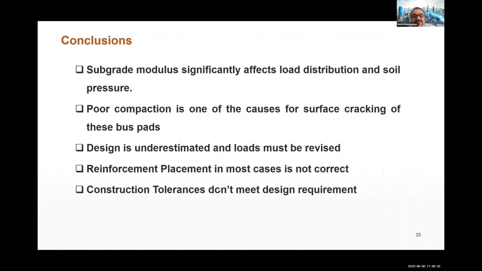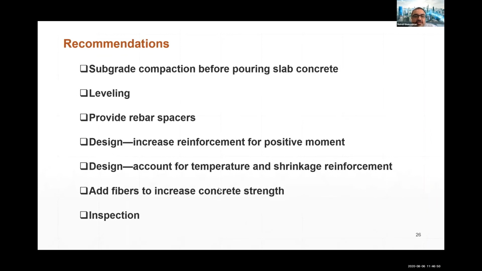Poor leveling of the slab bed before the pouring of concrete was observed in the field during construction, and that results in varying concrete slab depth, which can directly affect the capacity of a section. These can exponentially reduce the flexural capacity of a slab in both uncracked and cracked sections.